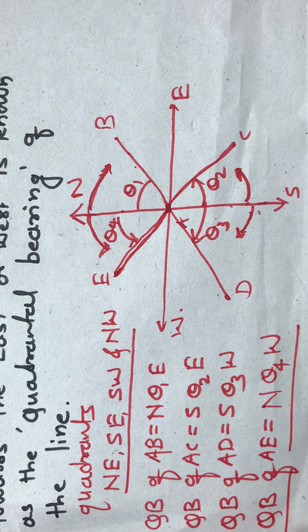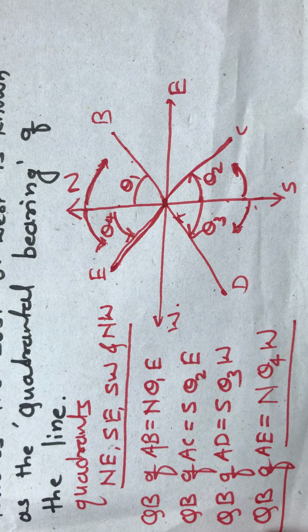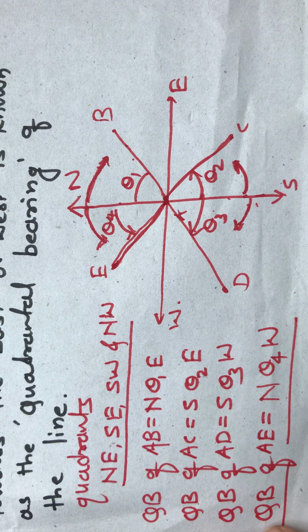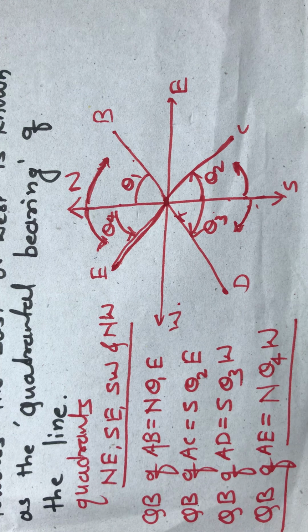Okay, so these are called quadrantal bearings, and the quadrantal bearings are obtained by the surveyor compass. So this is about the magnetic bearing, whole circle bearing and the quadrantal bearing. Whole circle bearing is always measured from the north in a clockwise direction towards the line.